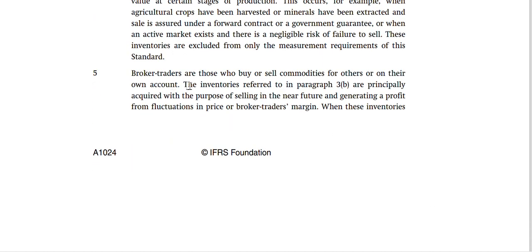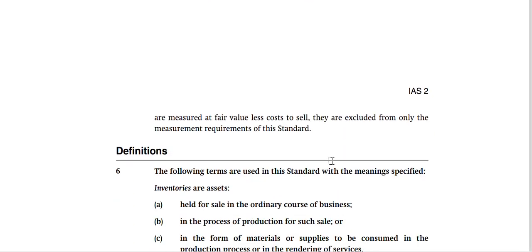And then looking at broker traders, they are those who buy or sell commodities for others or for their own accounts. The inventories referred to in paragraph 3b are primarily acquired with the purpose of selling in the near future and generating a profit from fluctuations in price or the broker traders' margin. When these inventories are measured at fair value less cost to sell, they are excluded from only the measurement requirements of the standard.